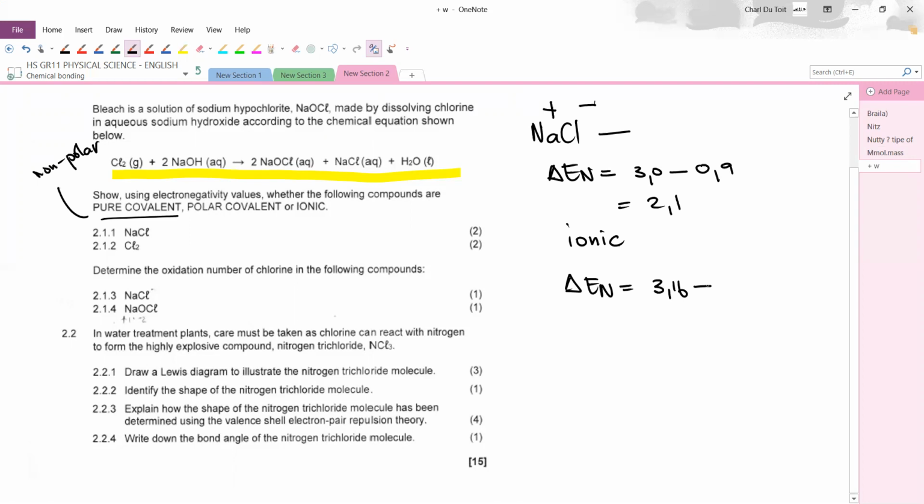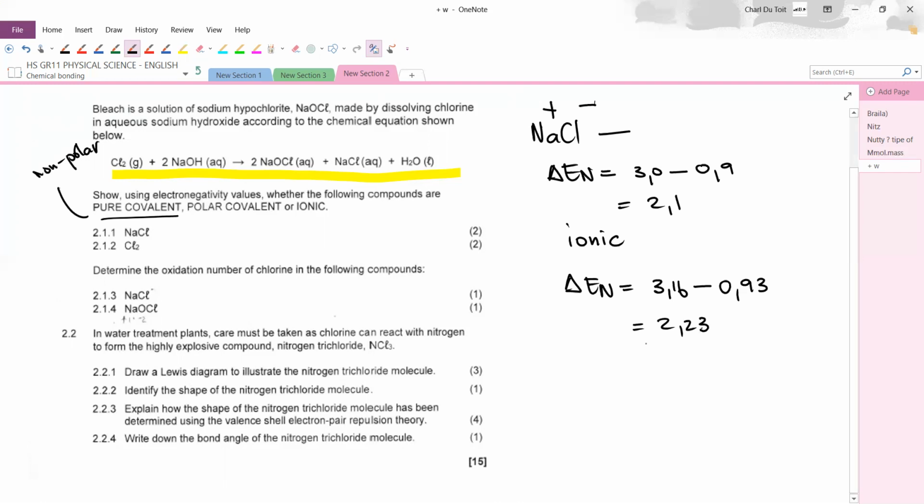And sodium is 0,93. So the difference there is 2, what? Is it 2,13? Sorry, I didn't make the calculation, I just guessed. Yeah, it's 2,23 actually, sorry.